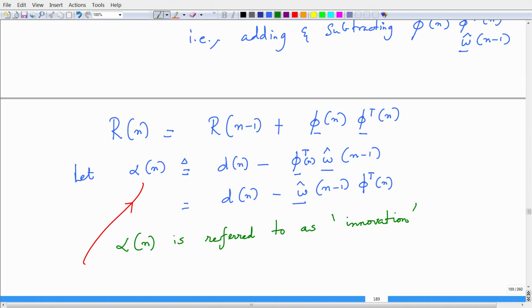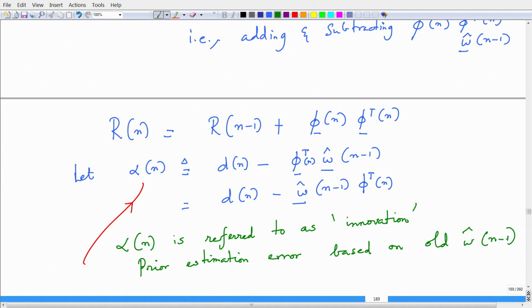It is called the innovation term because we have a prior estimation error based on the old value of w hat.